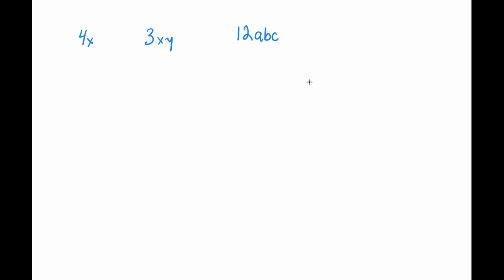Sometimes we get terms that have an implied similar value. What I mean by that is, we might have a number sentence that looks like 4x plus 3a plus 2x plus, let's say, 3a again. Okay?